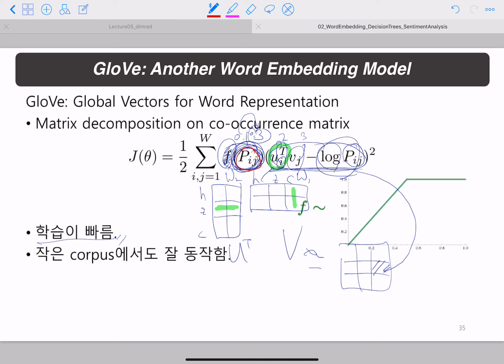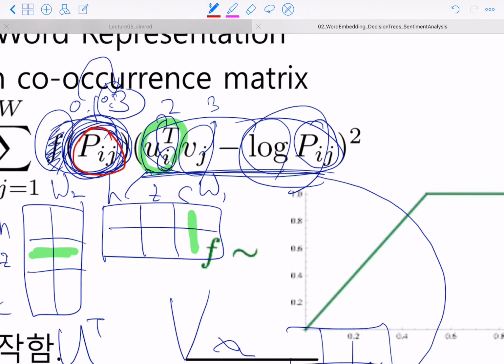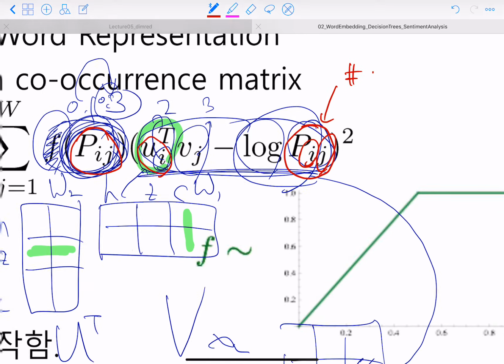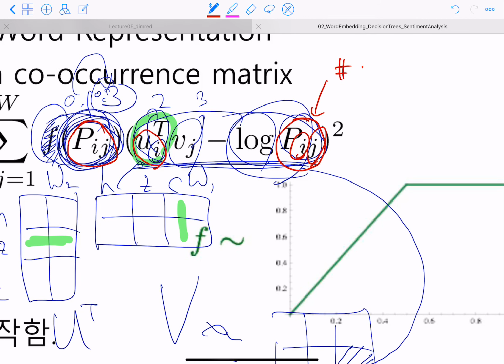So that is this P_ij. P_ij is the number of co-occurrences of word i and word j. And u_i is word i's vector representation.